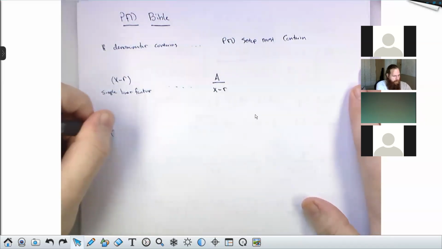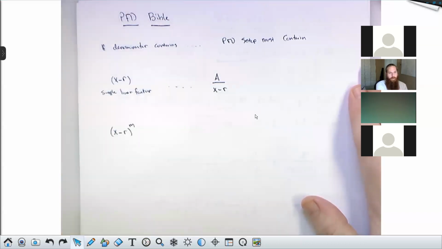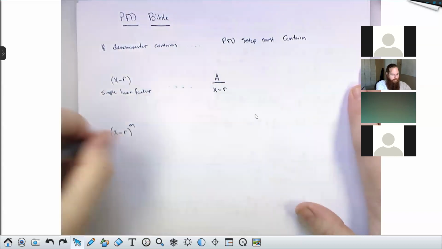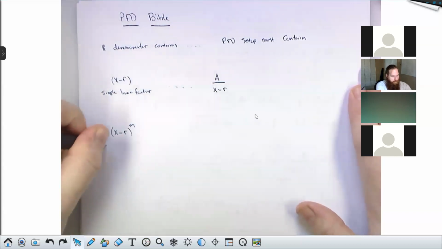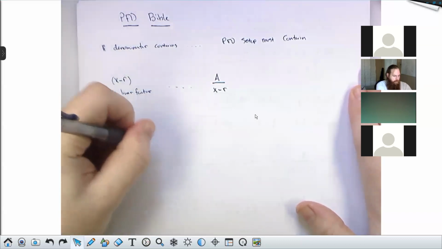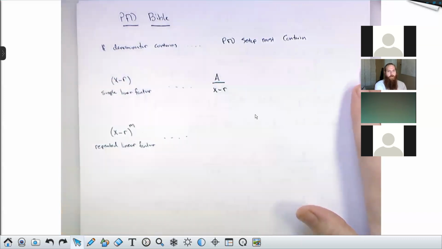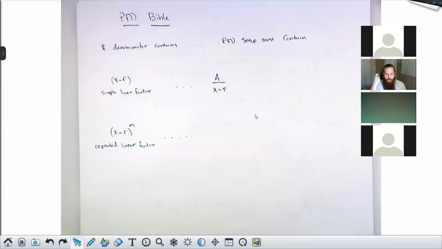If your denominator contains a repeated linear factor, like x minus r squared, or x cubed, or x plus 1 to the 5, in general, x minus r to the m for multiplicity. This is what's called a repeated linear factor. Then your PFD setup has to have all the things that could have contributed to that being in the denominator.